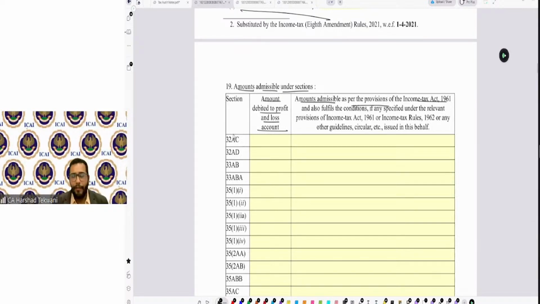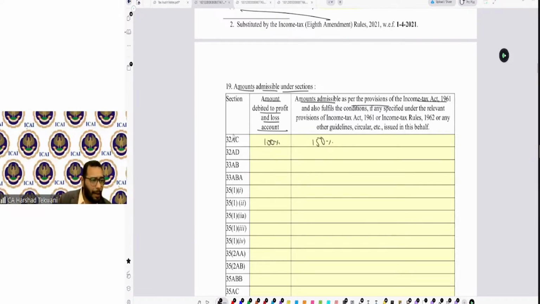So let's say for example, in certain cases, you get 150% deduction of the amount of expenditure. In that case, the 100% will be over here. Okay, 150% will be over here. So you need to provide amount admissible under these sections.